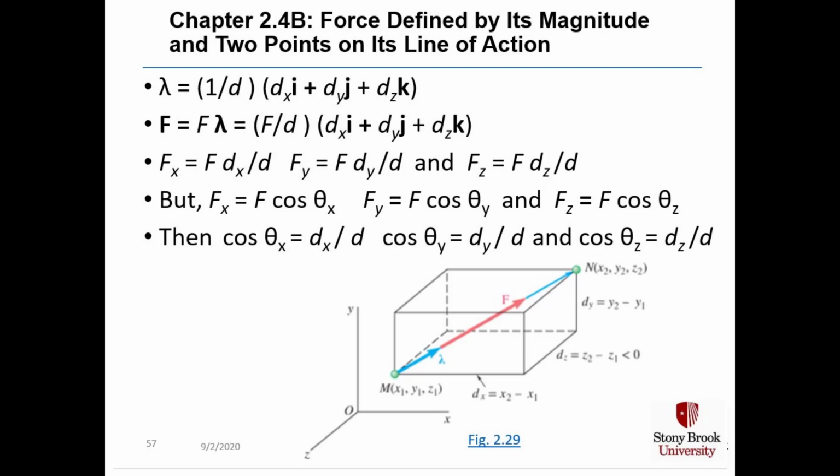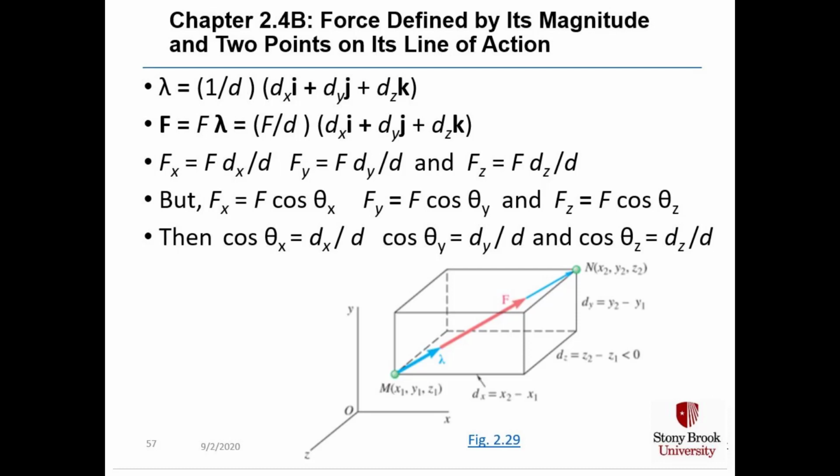And because force F is defined as magnitude F times lambda, force F equals the magnitude F divided by magnitude d times dx i plus dy j plus dz k, which means that the x-coordinate F sub x is F times dx over d, F sub y is F times dy over d, and F sub z is F times dz over d.